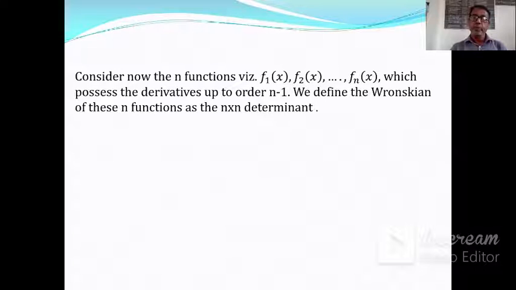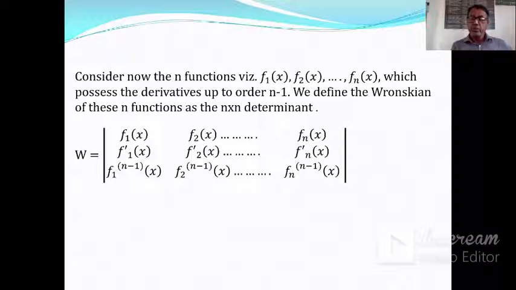Now consider n functions f1 of x, f2 of x, up to fn of x, which possess derivatives up to the n minus 1th order. We define the Wronskian of these n functions as an n by n determinant. The first row is f1 of x, f2 of x, up to fn of x.